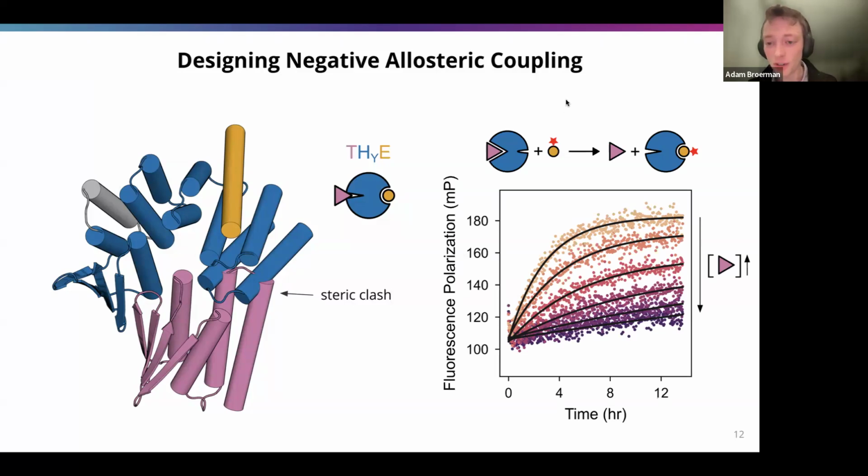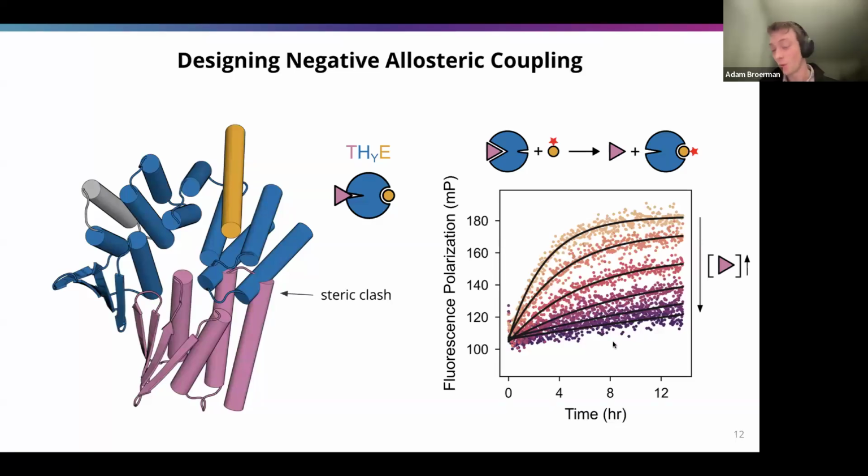We measured the association rate of the effector in various concentrations of target protein. What we saw is that as we increase target protein, from low target protein to high target protein, the rate of association of the effector gets slower and slower.